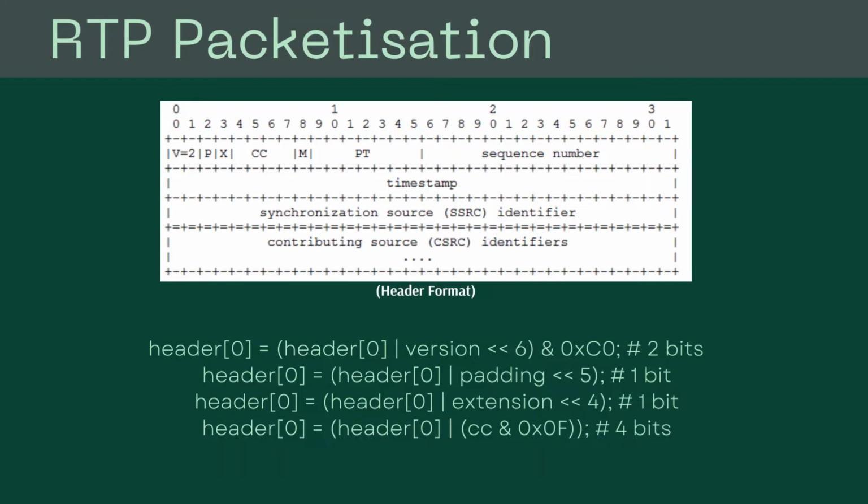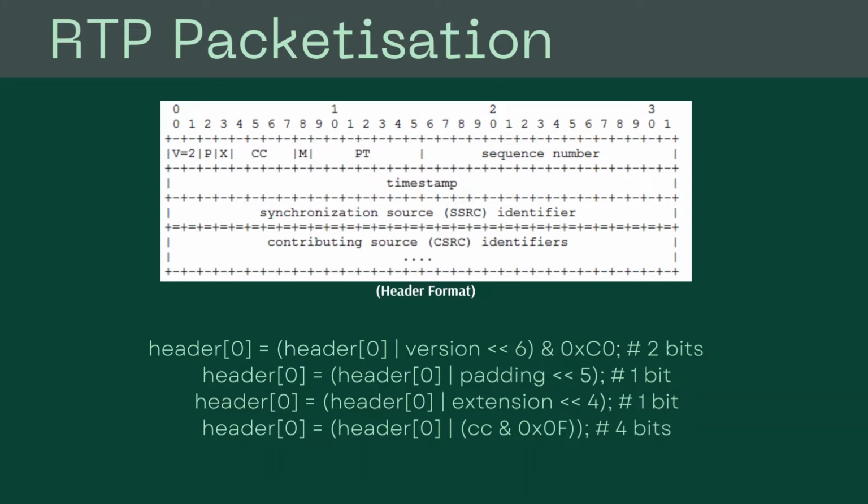The header 0 represents the first byte of the packet. Version is a 2-bit data, so it is shifted 6 bits to the left by the left shift operator. Then it is bitwise ANDed with 0xC0, which is an 8-bit number having all bits unset except the 7th and the 8th bit.